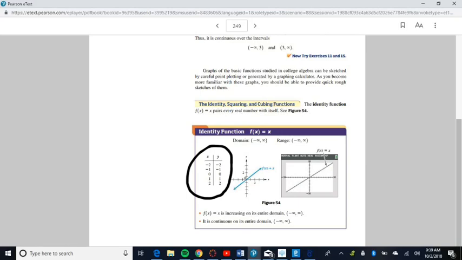Never changes. It can't, because whatever x is, y is going to be the same thing. And again, that's called the identity function. You're going to have to be able to recognize the graph and understand that it is the identity function. Now, it is linear, meaning just a straight line, but it's not any straight line. It's a very specific one. Okay? So let's look and see what's next.